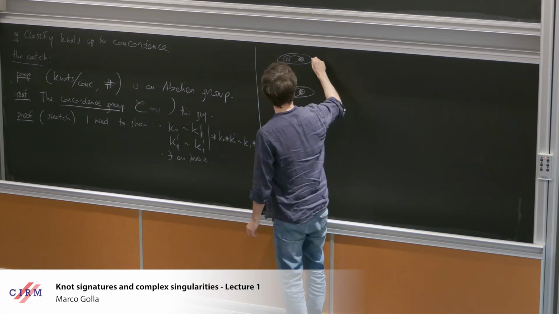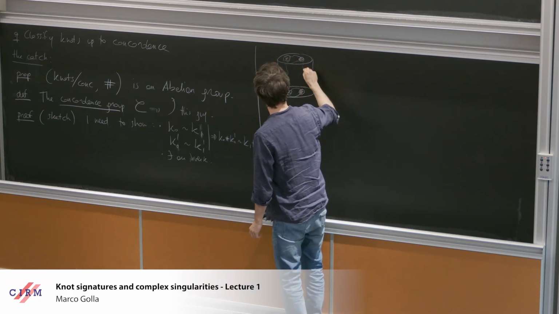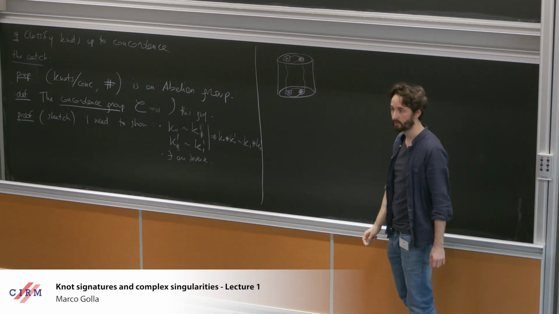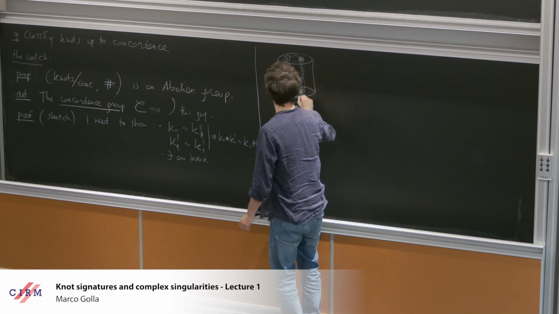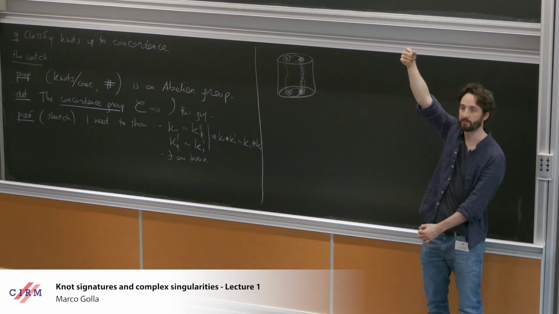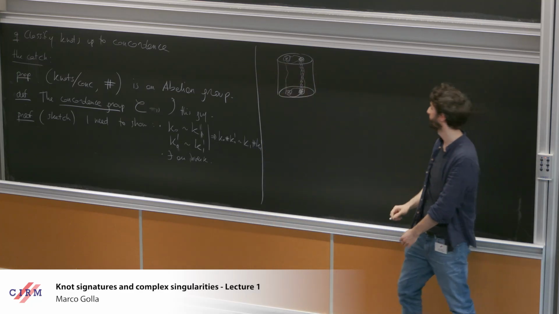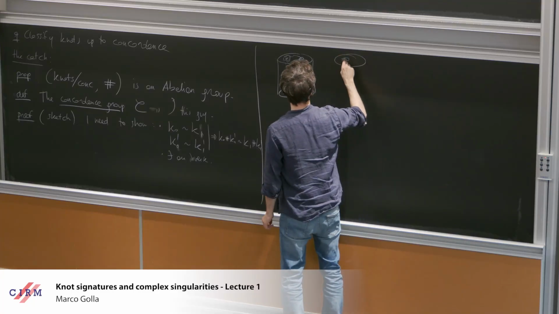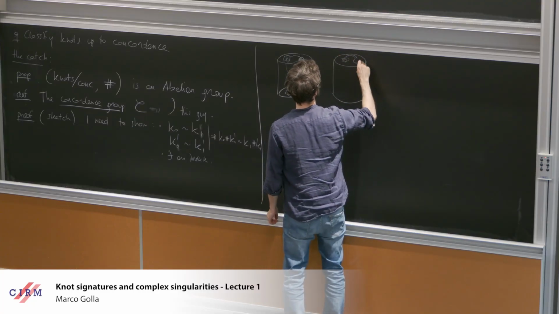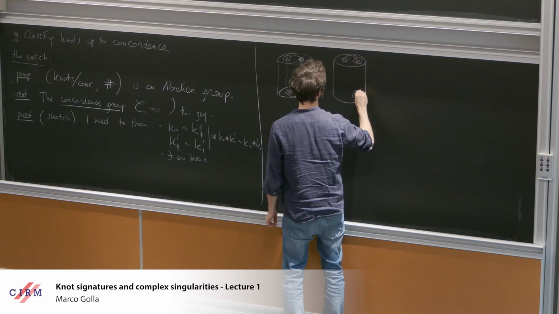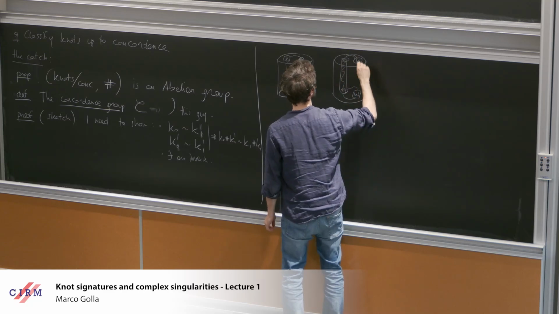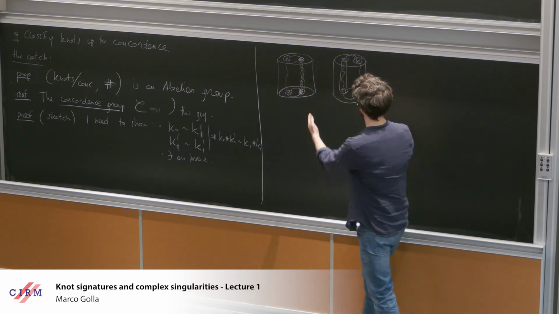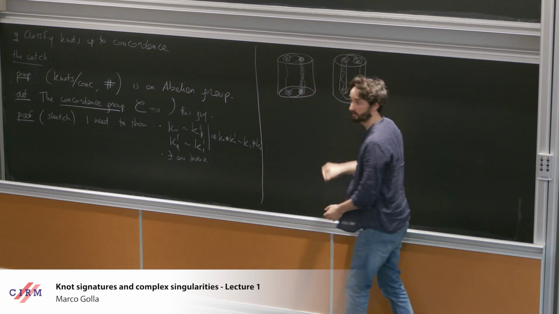And what I want to say is that if I have a concordance from K0 to K1, I can actually straighten this standard disk to have a standard disk times an interval in which everything is standard. And I can do the same for K0 prime and K1 prime.